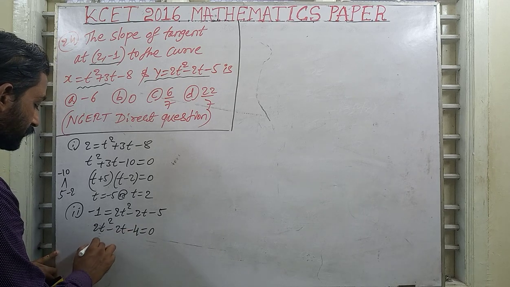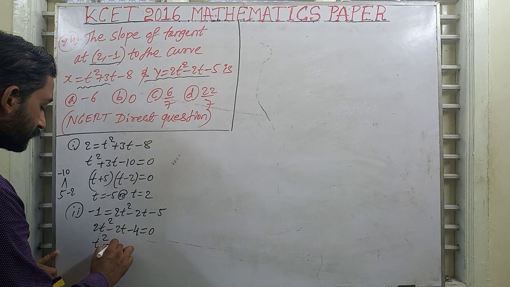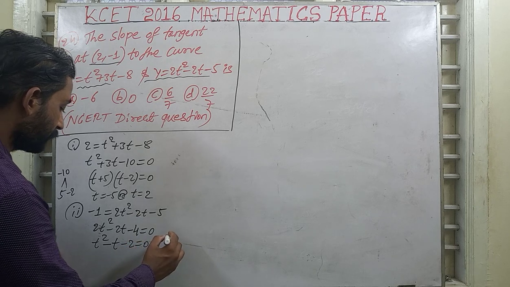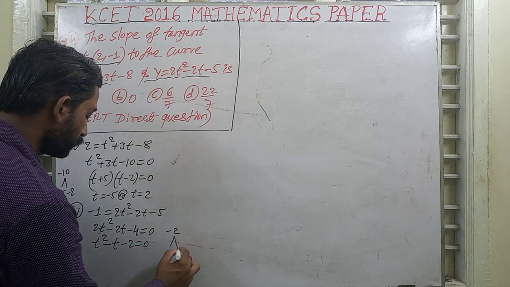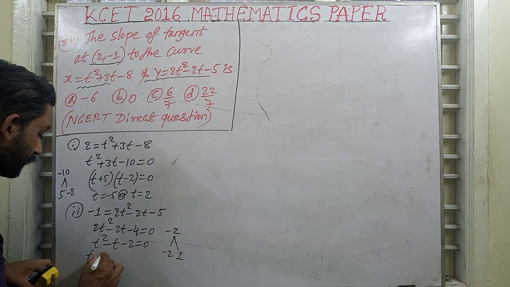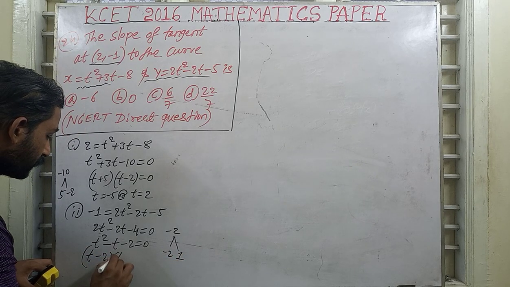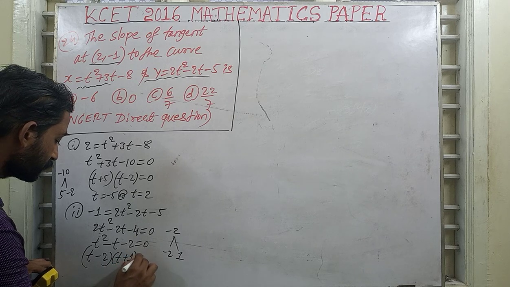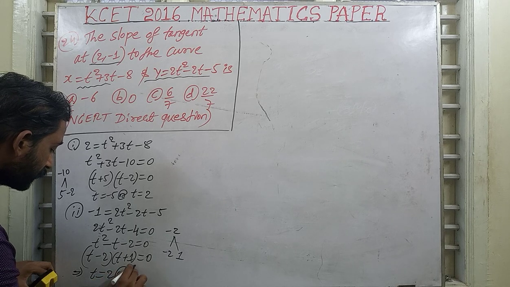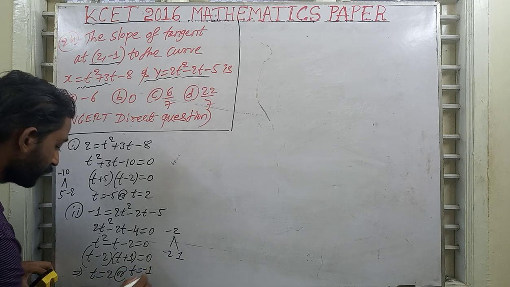Dividing by 2 on both sides, t square minus t minus 2 is equal to 0. Here minus 2, so 2 minus 2 plus 1. So this can be written as t minus 2 into t plus 1 is equal to 0. This implies t is equal to 2 or t is equal to minus 1.